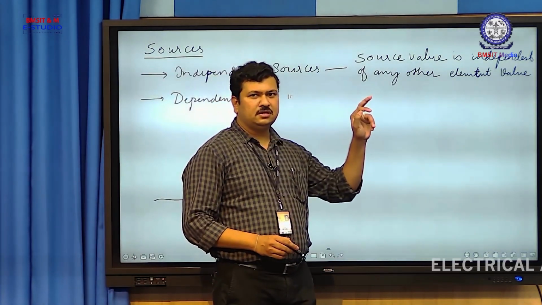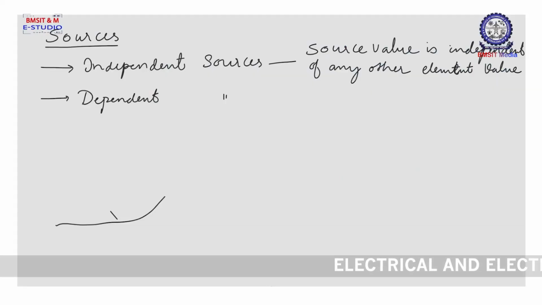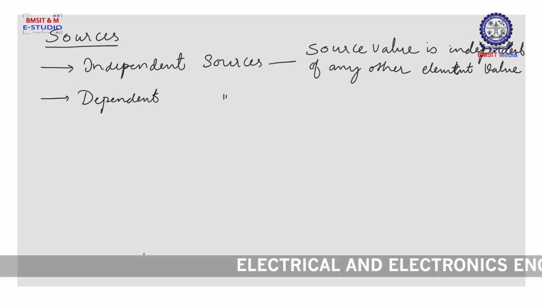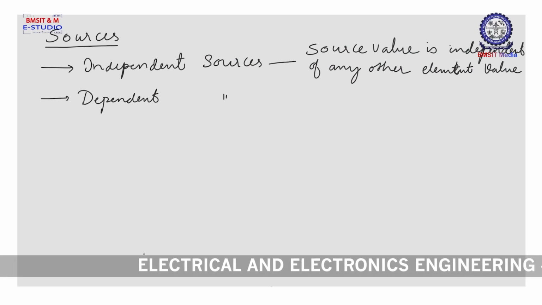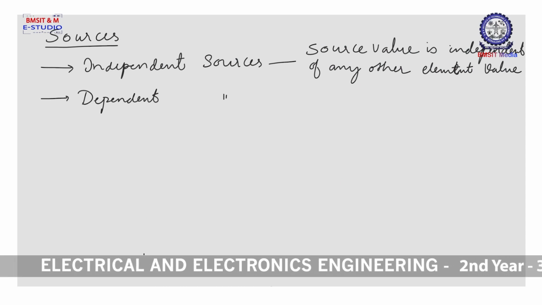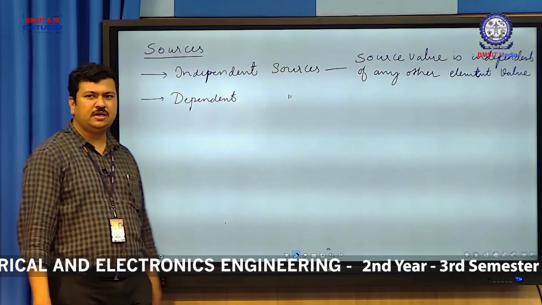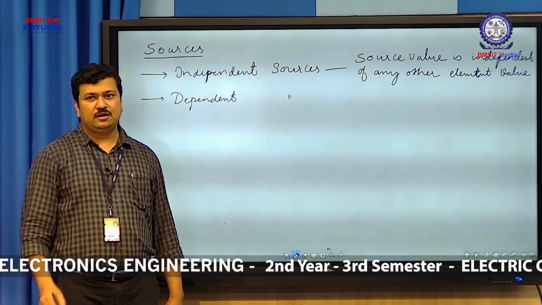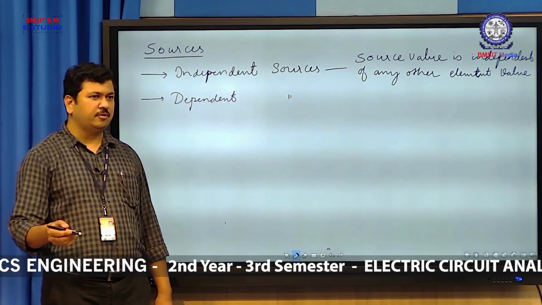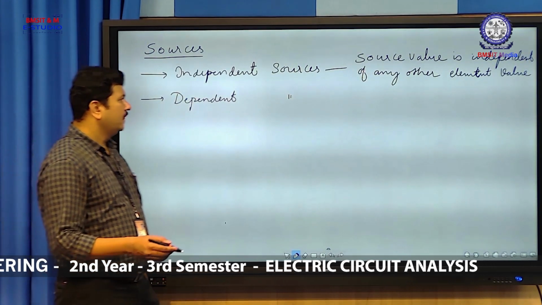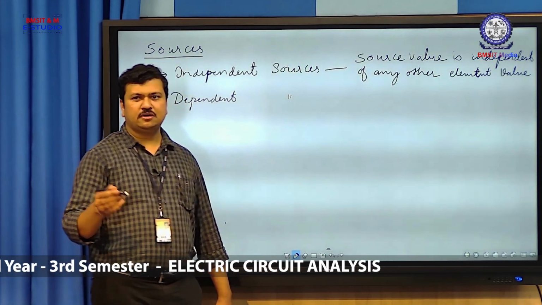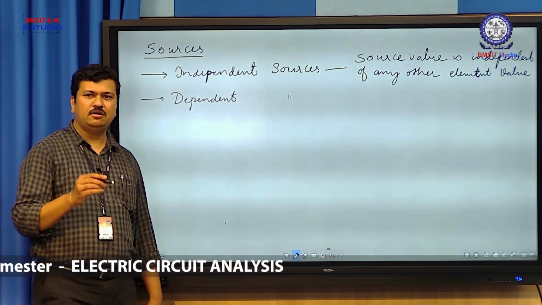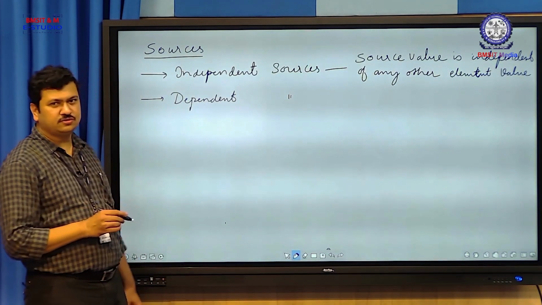Suppose I have an independent voltage source, then the value of that voltage source is not depending upon the current flowing or the voltage across any other element. So, that kind of source is known as an independent source.